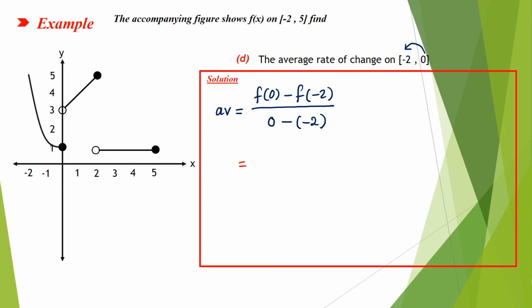And this equals f of 0, which equals 1, minus f of -2, which equals 3, divided by 0 minus -2 equals 2, and we have -2 divided by 2, which equals -1, and this is the average rate of change for this function on the closed interval from -2 to 0.